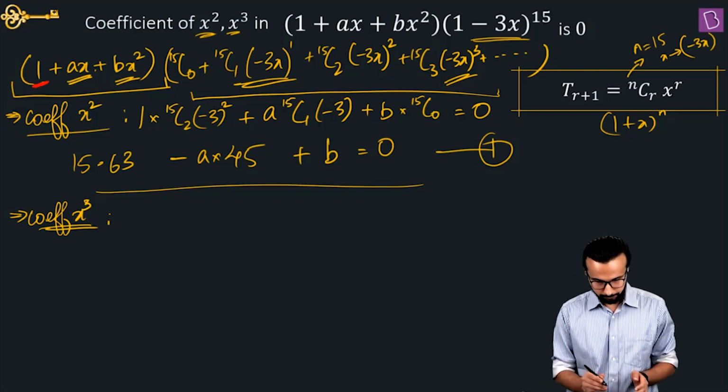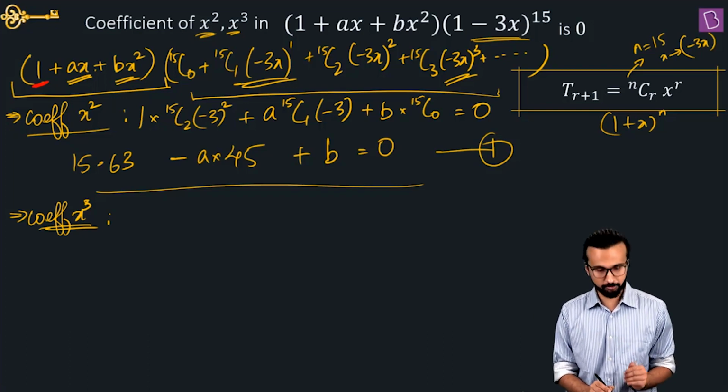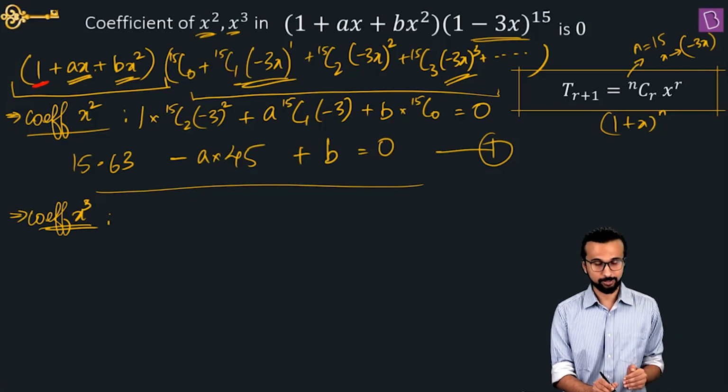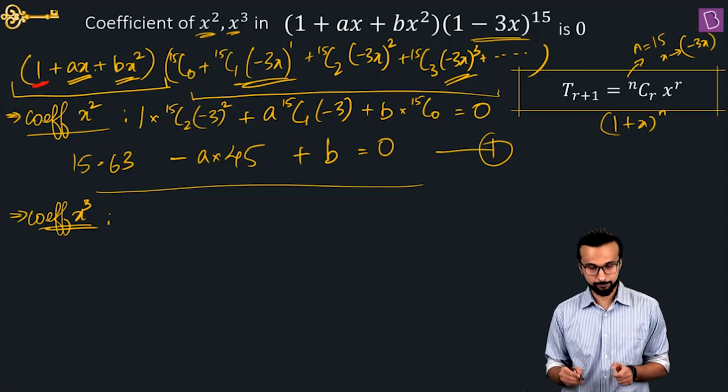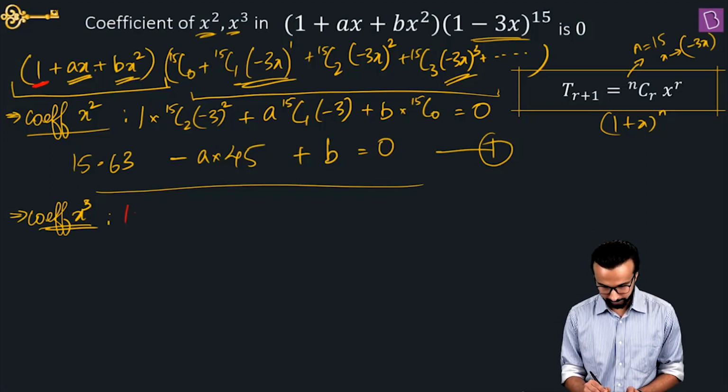So how do we find the coefficient of x cube? The 1 from the first part is multiplied with the x cube term from the second part. The x cube term from the second part is this one.